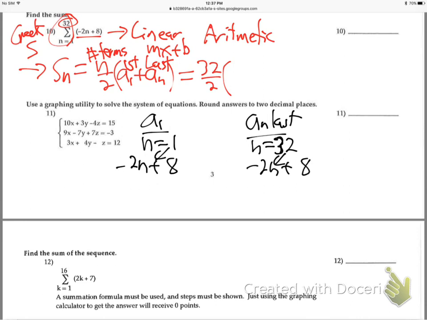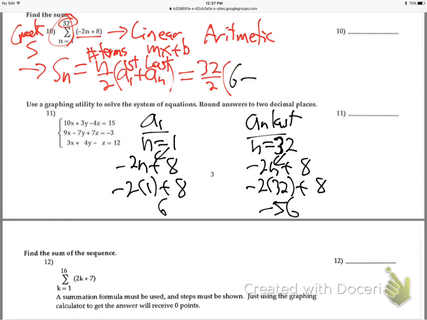That way you'll find the first term and the last term. Minus 2 times 1 plus 8 is 6. And minus 2 times 32 plus 8 is minus 56. So 6 plus negative 56. First term plus last term.